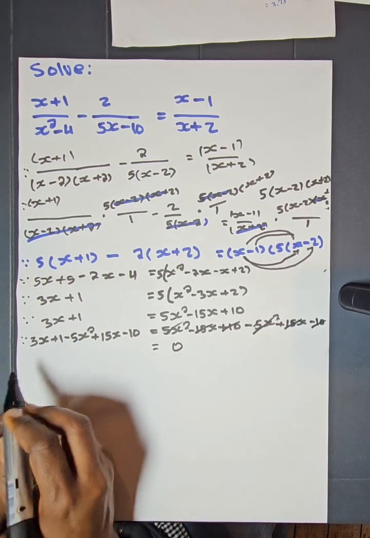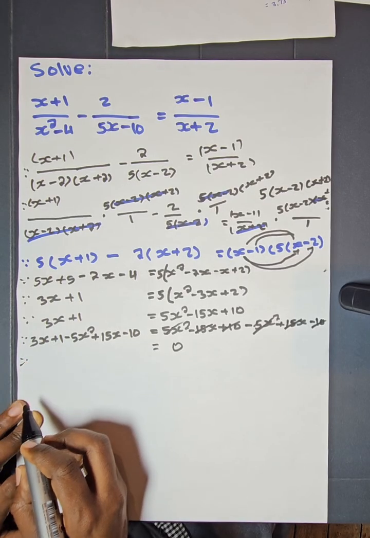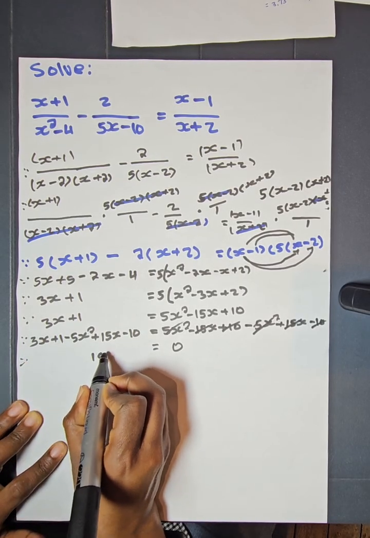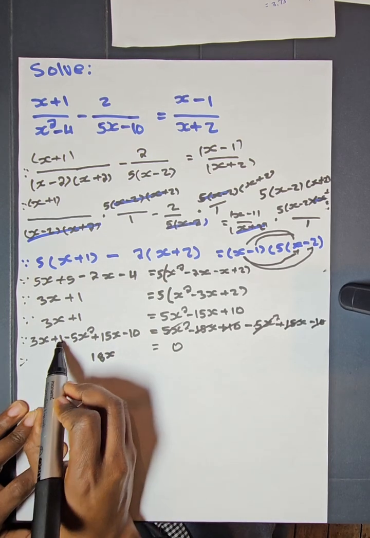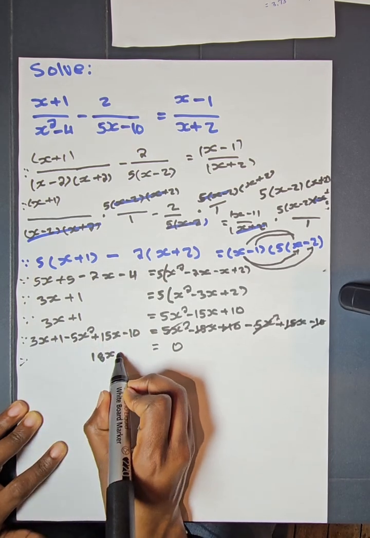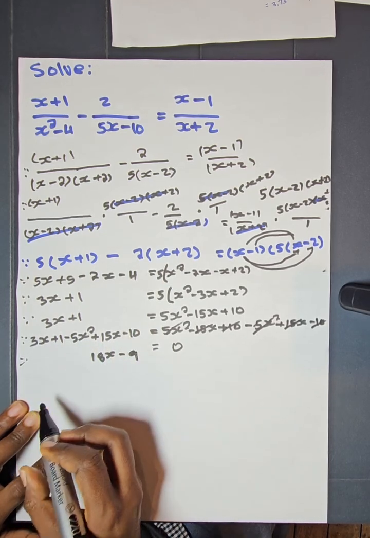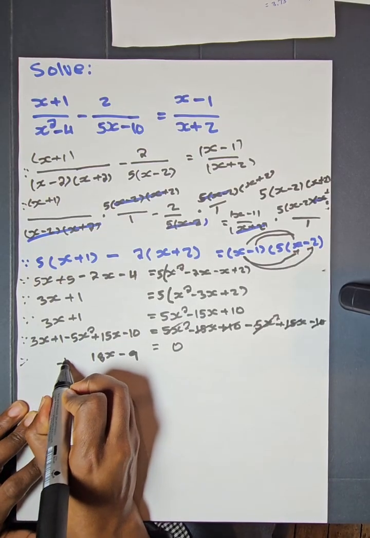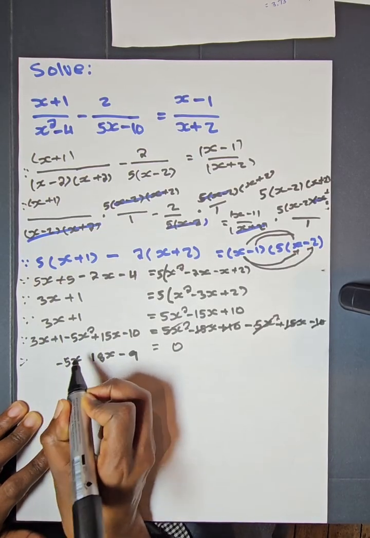On this side, let's collect like terms. 3x and plus 15x simplifies to 18x. Well done. Plus 1 and minus 10 simplifies to minus 9. And minus 5x squared comes down as it is.